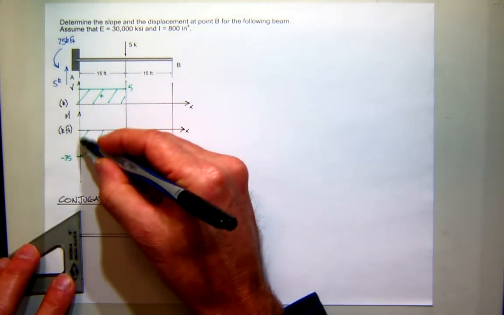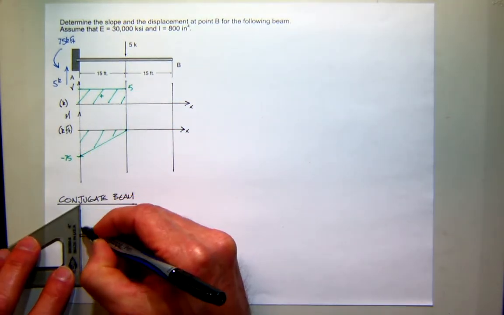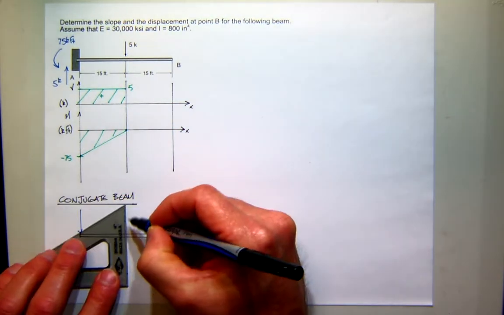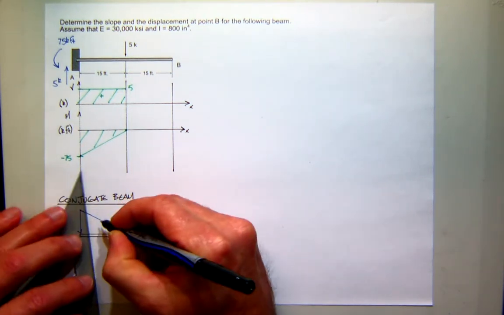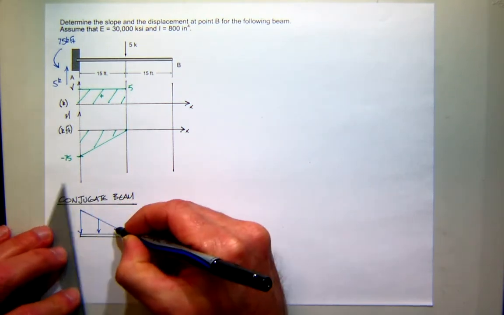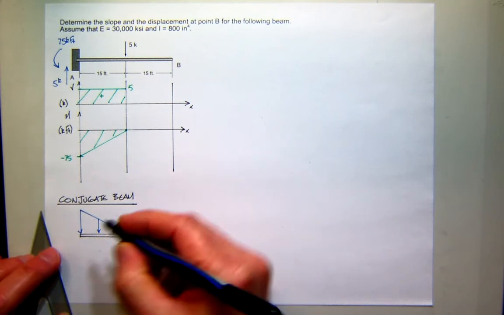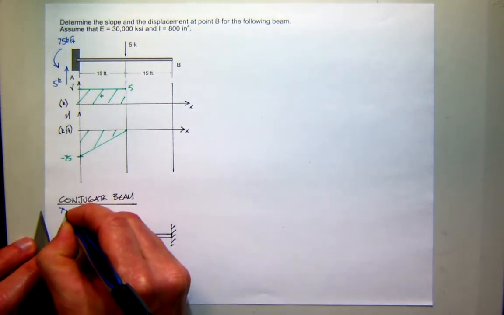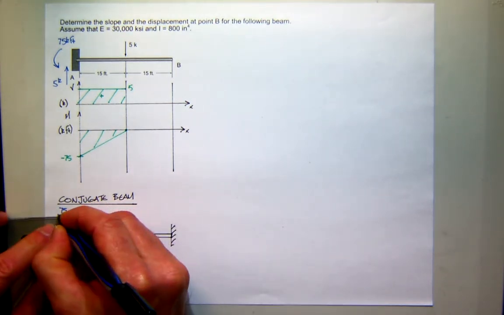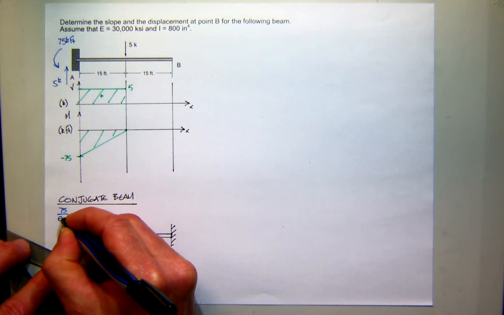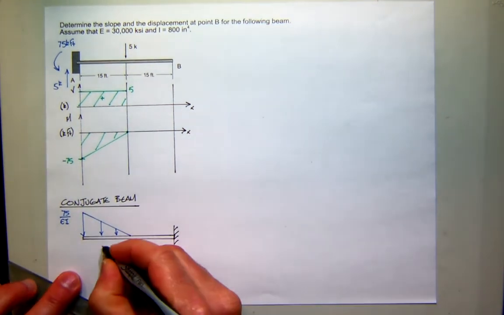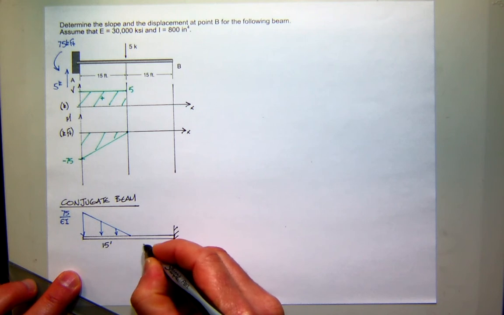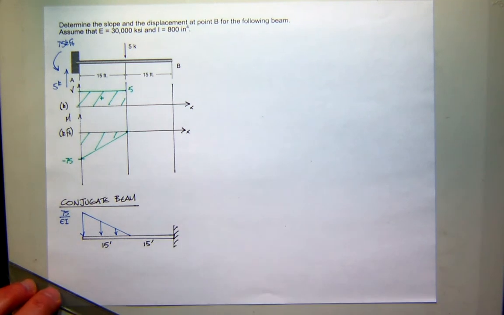So I'm going to say it's 75 there, and it goes to 0 here, so my distribution looks something like that. This will have a value of 75 over EI, and this distance is 15 feet, and this distance is 15 feet.